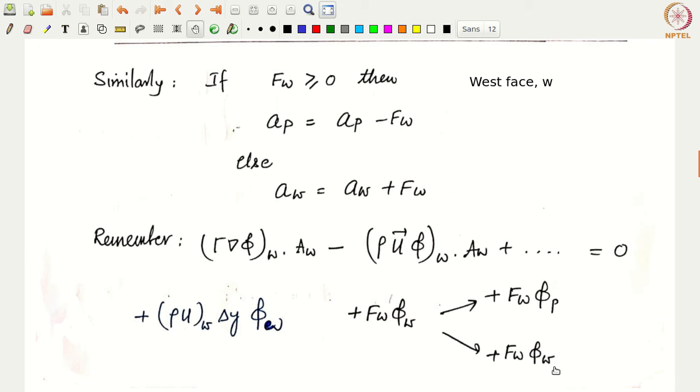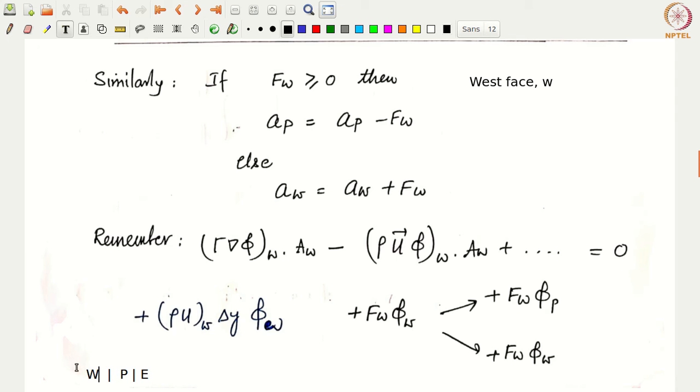So what I'm saying here is that if you see your mesh has W, and then you have a P cell, right? And then you have the east cell, right? So you have the W cell, the west cell. So if FW is positive, it is going this way, right? That means your phi little w has to be phi W, right?